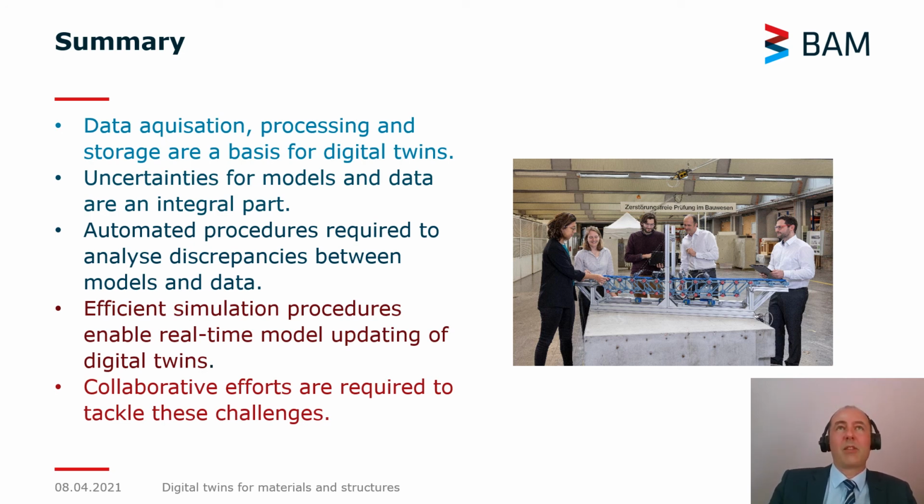But for complex models, as I pointed out, this is very tricky and we need automated procedures to do that. The fourth thing is that we need efficient simulation procedures to do everything in real time. Real time, the question is what is real time, but in any case, for this model updating or model calibration, we need many forward model evaluations, and there it's really important to have efficient simulation procedures.